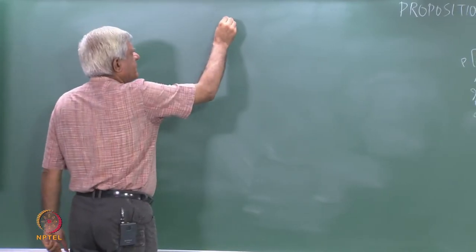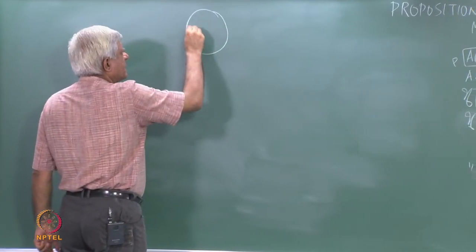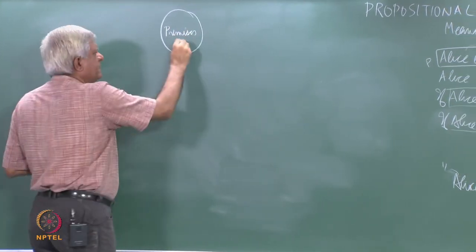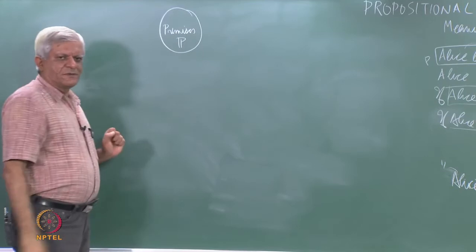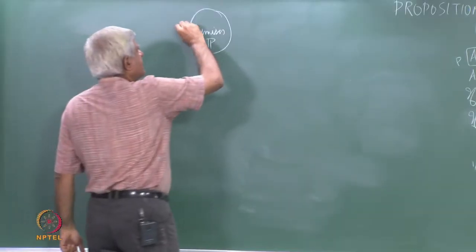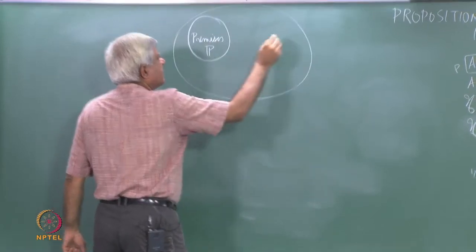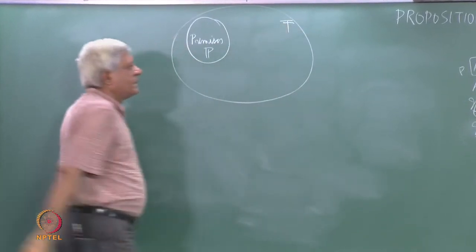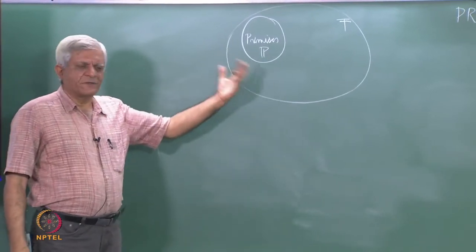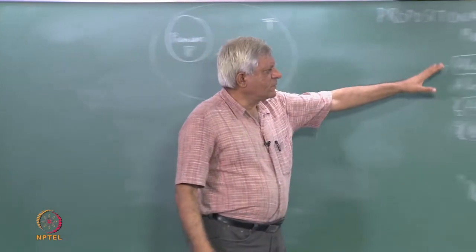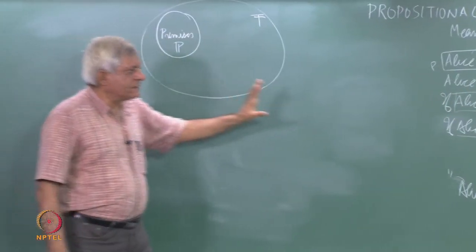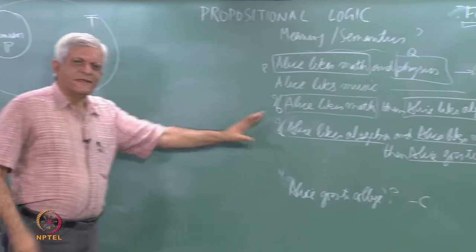If somebody has given me the premises, which is this set P that I had talked about, the semantics defines this set T. Premises I assume to be true. So, these I assume to be true, but if I assume these to be true, then there is a whole set which is true.